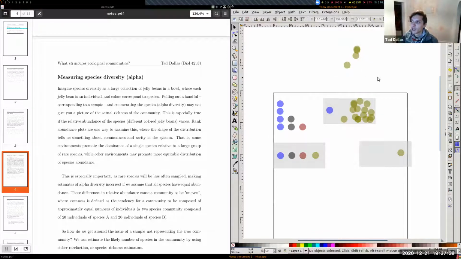This is what I think is representative of this community. However, if I measure the alpha diversity here, we have two unique species, so alpha diversity is 2. And if I call this a community, so I'm going to copy a gray box over there, and now this is my subsampled community, and I count the number of unique species, I only have one unique species. I am underestimating species richness.